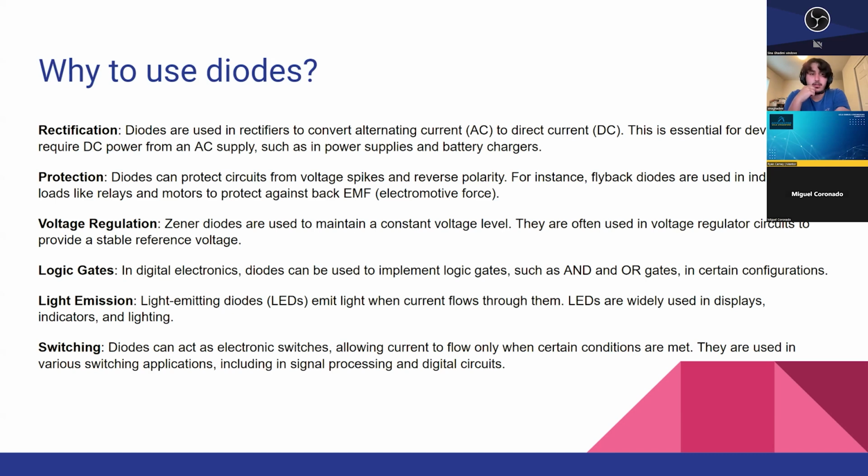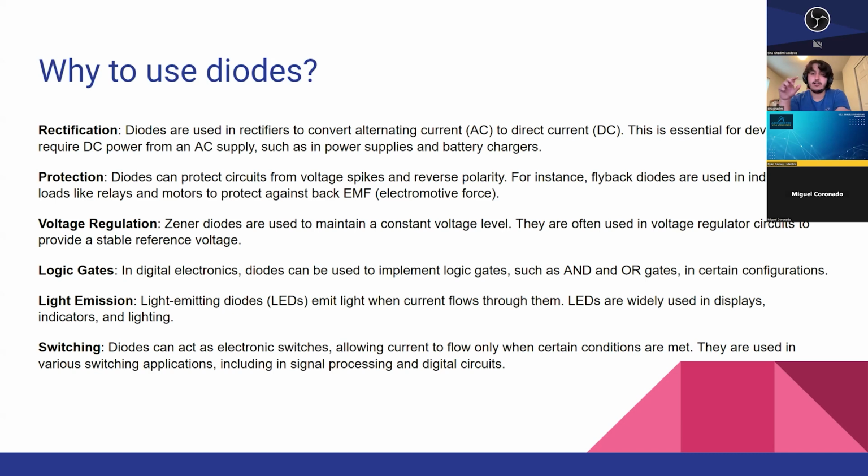One of the best usages of diodes is in your AC to DC converters, what we call rectification. You have four diodes pointing toward each other, and this rectifies your circuit.